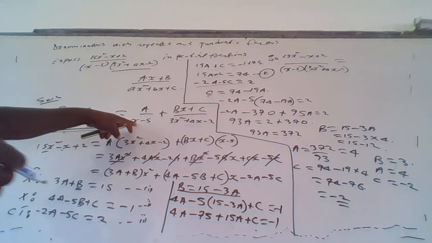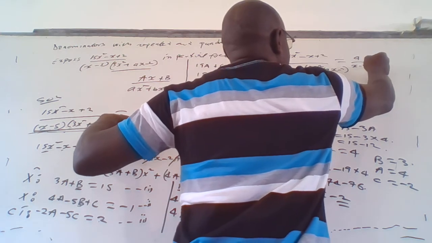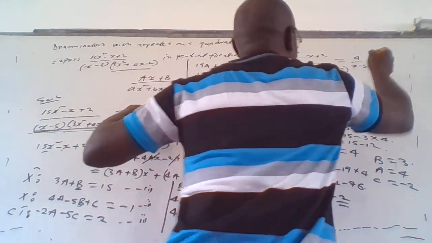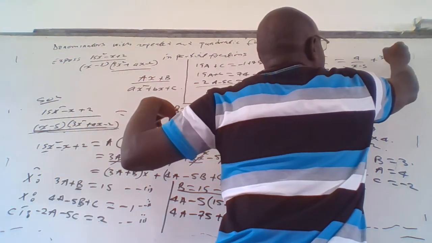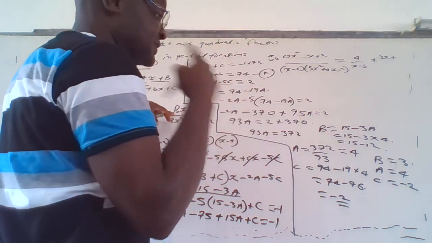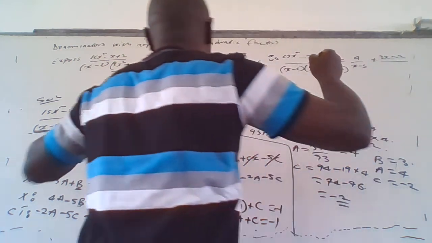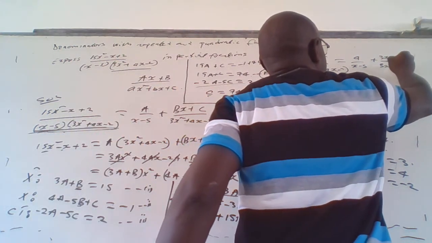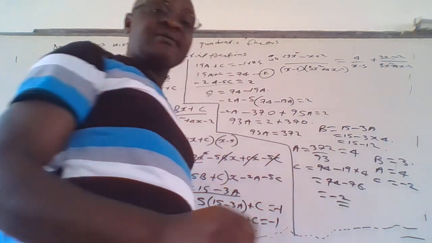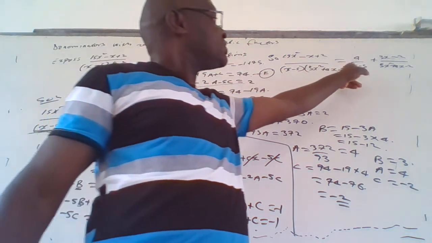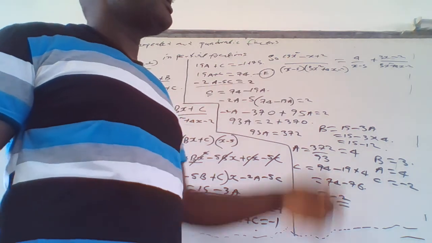Our a is 4 over x minus 5, then plus b is 3, so it will be 3x plus our c is negative 2, so it will be minus 2, then over 3x squared plus 4x minus 2. So these are the two partial fractions for the given expression.